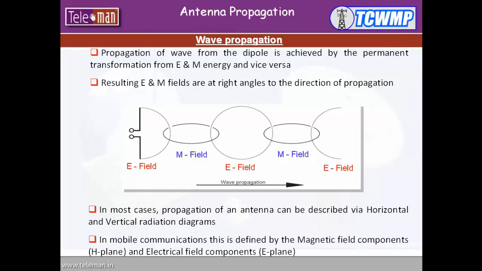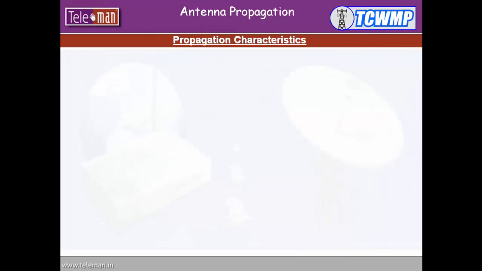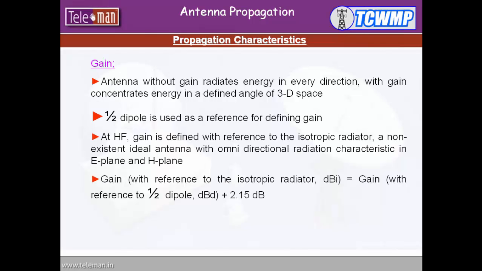In most cases, propagation of an antenna can be described via horizontal or vertical radiation diagrams. We already discussed this. In mobile communication, this is defined by magnetic field components, that is the H plane, and electric field components, the E plane. A propagation characteristic is gain.